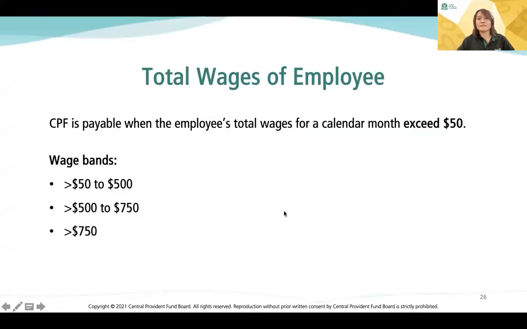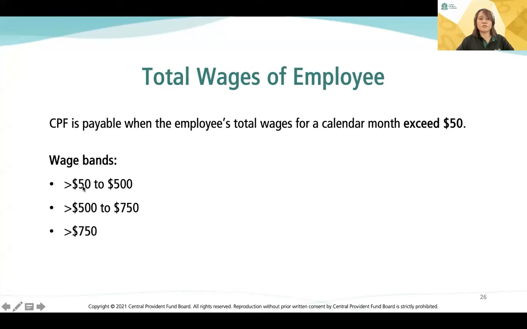Now, the third factor that will affect the amount of CPF contribution will be the total wages of the employee. Okay. So do take note that so long as your employee's total wages for a calendar month exceed $50, CPF contributions are payable for that. Okay, but of course, there are three wage bands that will affect the amount of CPF contribution.